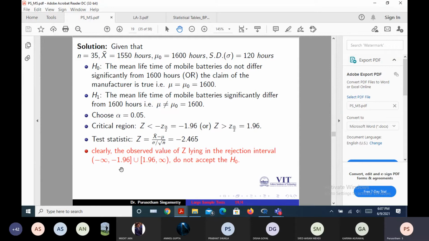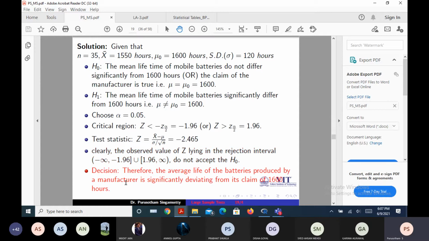So what is the alternative hypothesis you consider? The mean lifetime of mobile batteries significantly differs from 1600 hours. That means the manufacturer's claim is not true. What is the decision now?